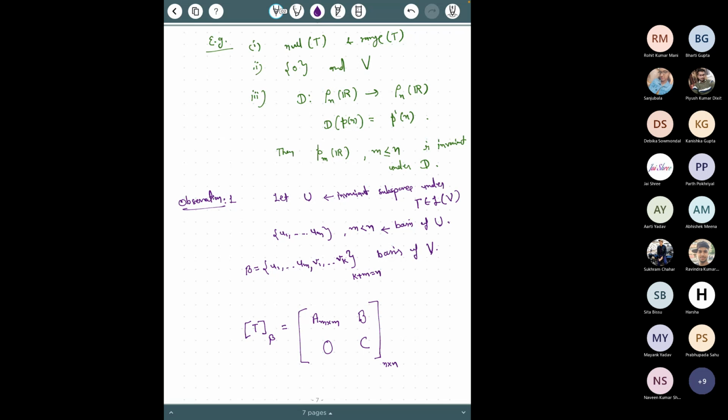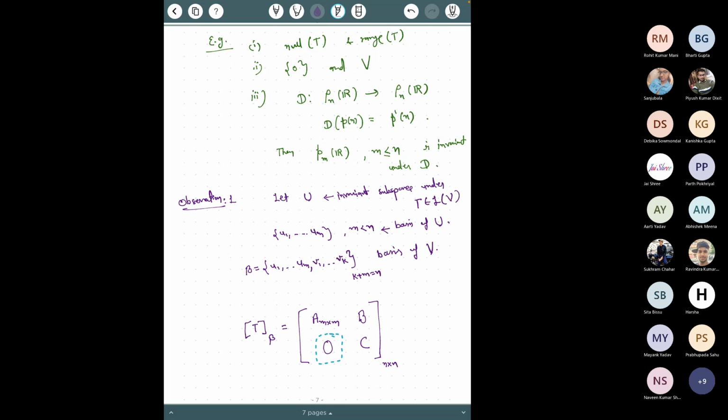Do all of you agree with him that the matrix of T would be of this form, where at one place you will have m cross m? We don't know what would be the entries of this matrix A at one block, or what would be the entries of B and C. But what we know is that we will have a zero matrix here, of size k cross m.